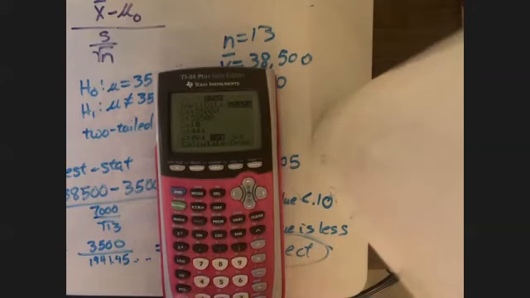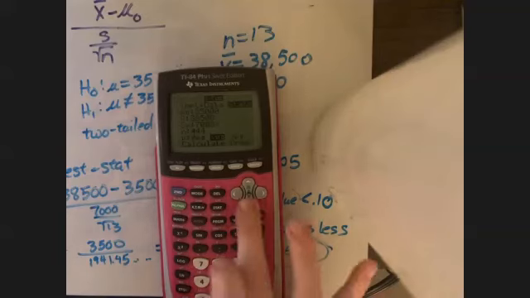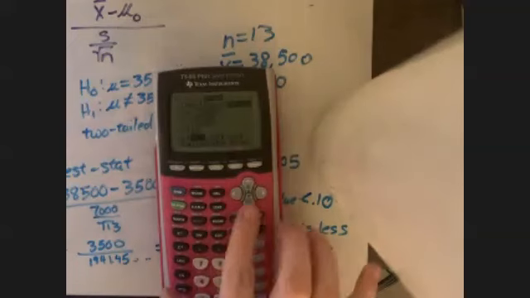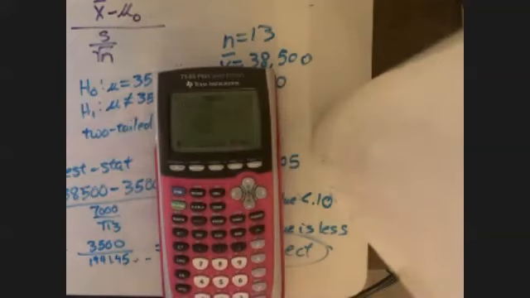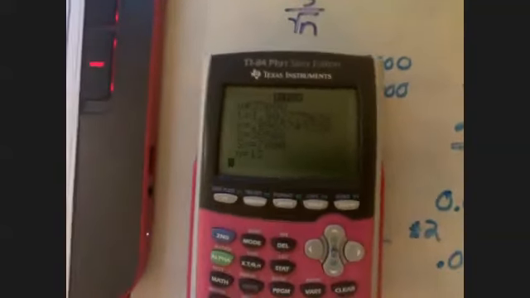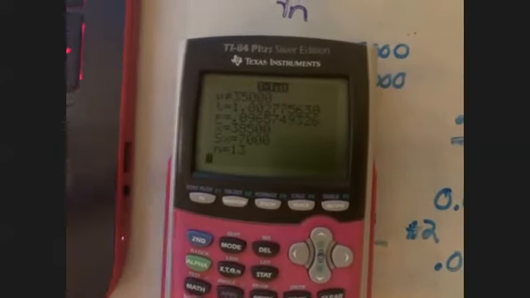The standard deviation was 7,000, and N was 13. Now you do have to decide which one we're doing. We're doing not equals to, so I'm going to make sure that that one's highlighted, and then I'm going to calculate this. I'm going to pull this down a little bit so that you can see a little better. There is our t statistic.